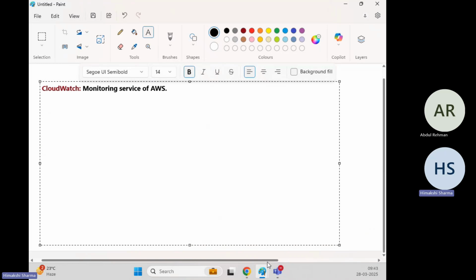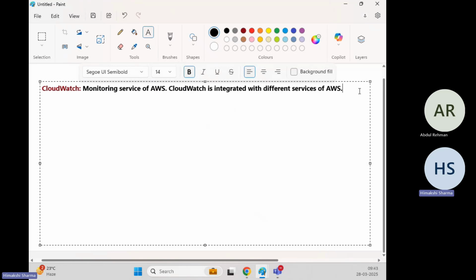And CloudWatch is integrated with different services of AWS. By default, it is integrated. You don't have to do any certain configurations there.